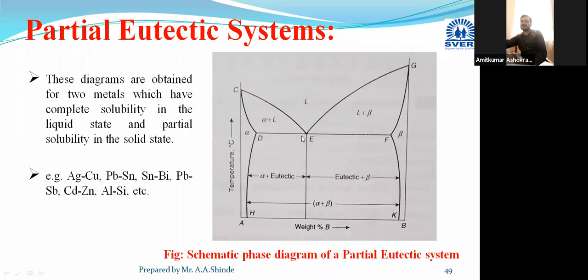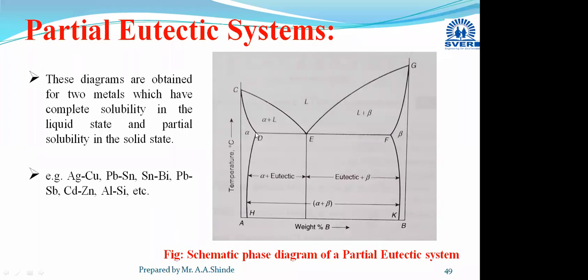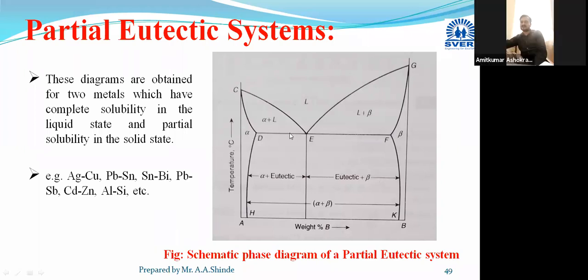At this point E, eutectic transformation occurs. This is DEF, the eutectic transformation line. You can say that the corresponding temperature for this horizontal line is the eutectic temperature. Then this point is the eutectic point, and its corresponding composition is the eutectic composition.